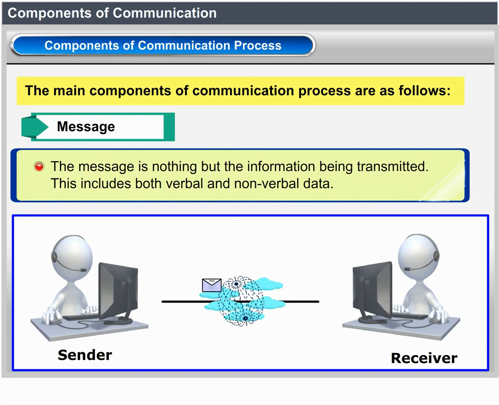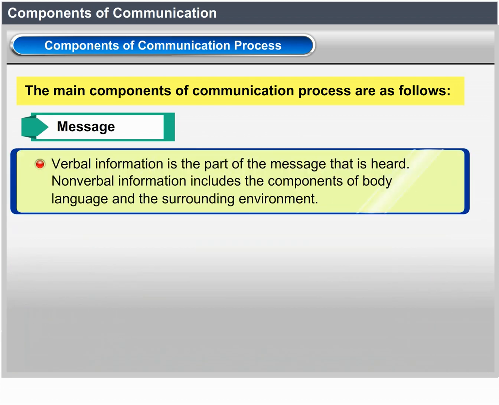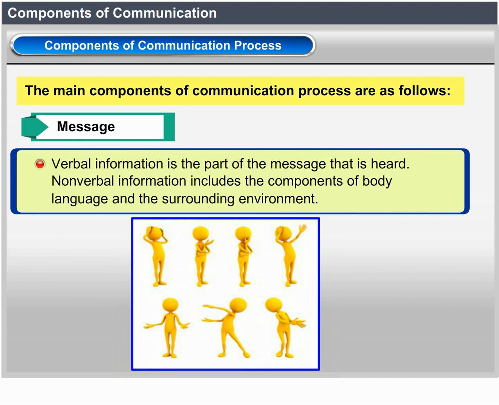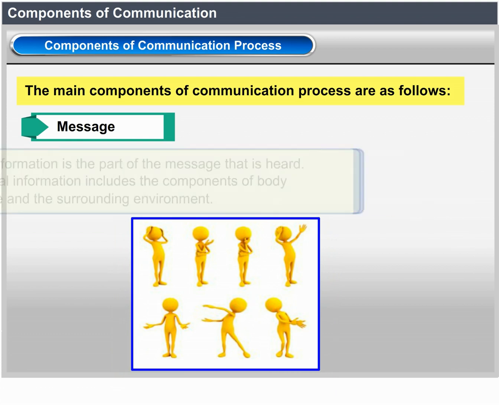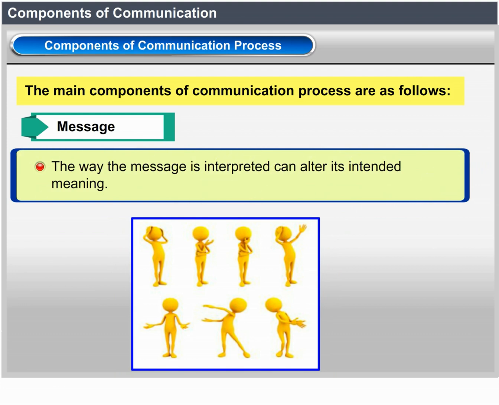This includes both verbal and non-verbal data. Verbal information is the part of the message that is heard. Non-verbal information includes body language and the surrounding environment. The way the message is interpreted can alter its intended meaning.